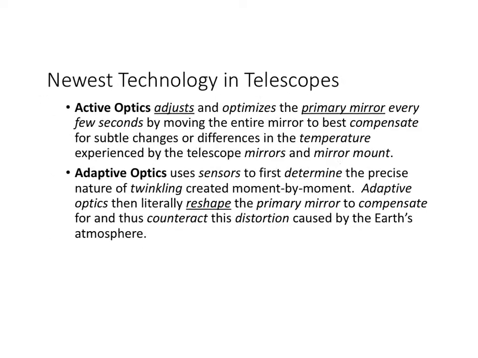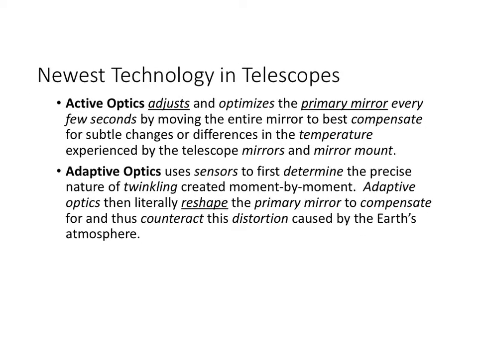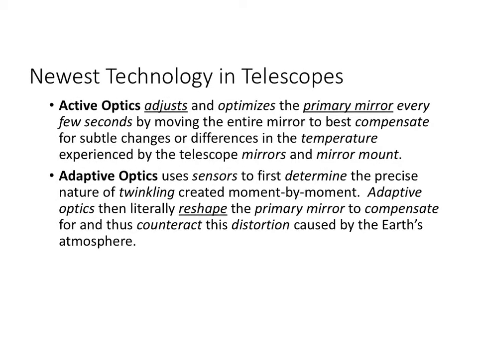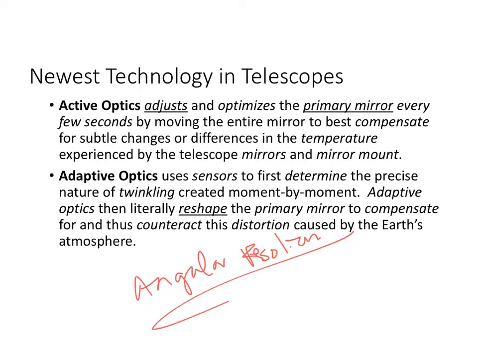So it looks like I am going to, oh man, you're going to have to look it up. I see that I missed it, so make sure you look up angular resolution. Look it up in my notes, probably a vocab word. And angular resolution is about how much detail you can see through a telescope.